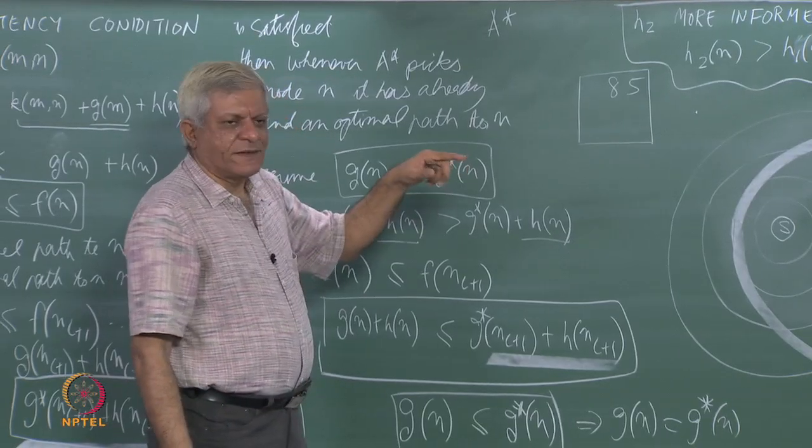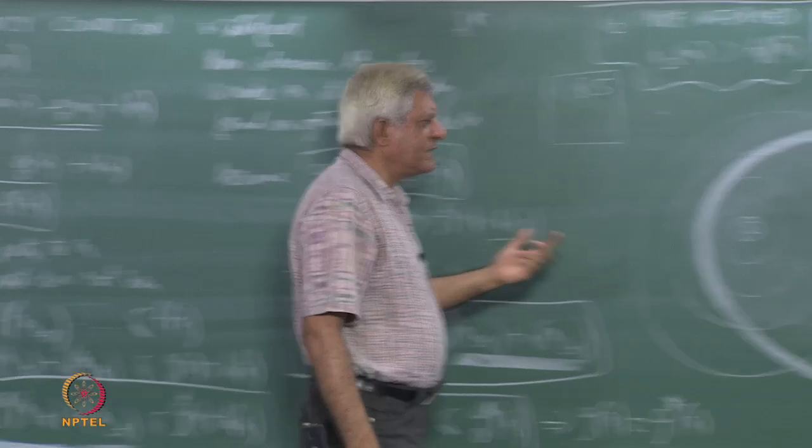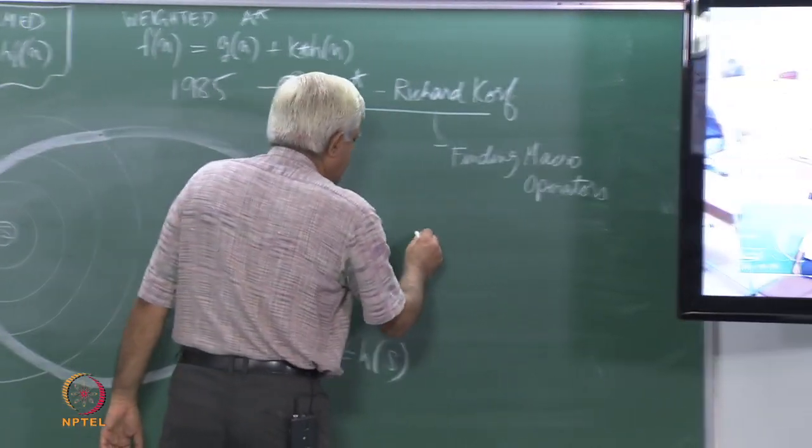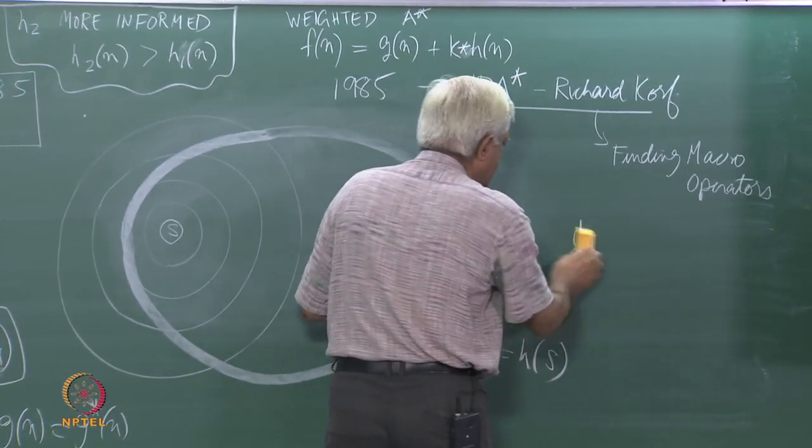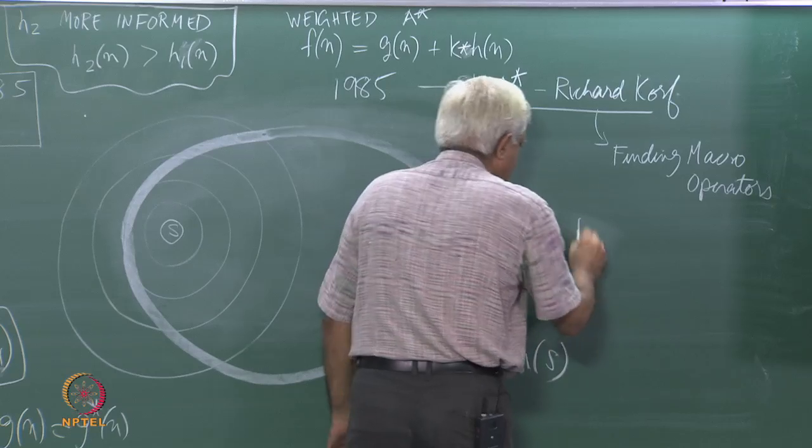So, what IDA star does is that in the first iteration, you said depth bound, well depth is not the value, let us say bound.